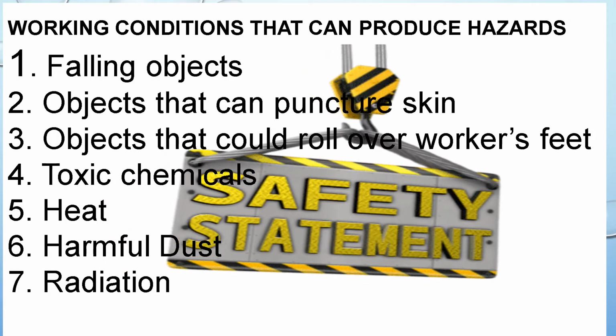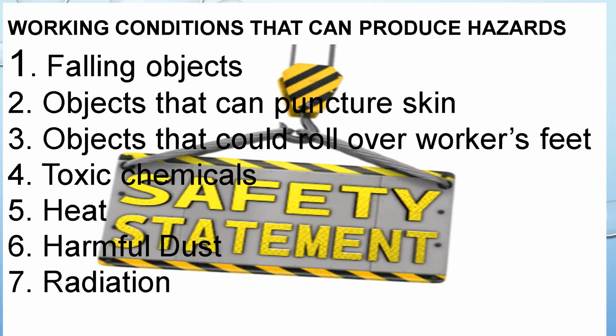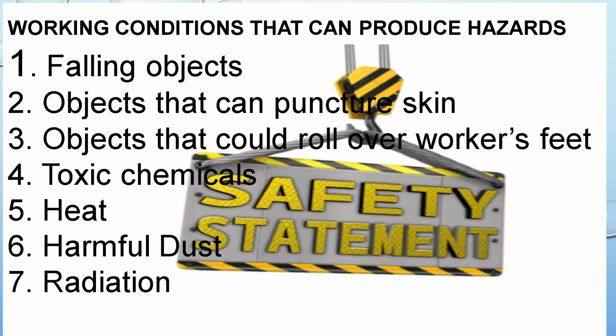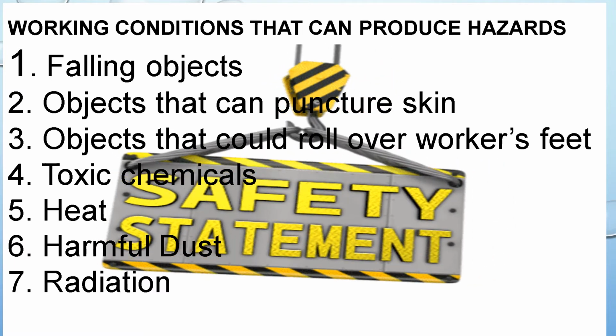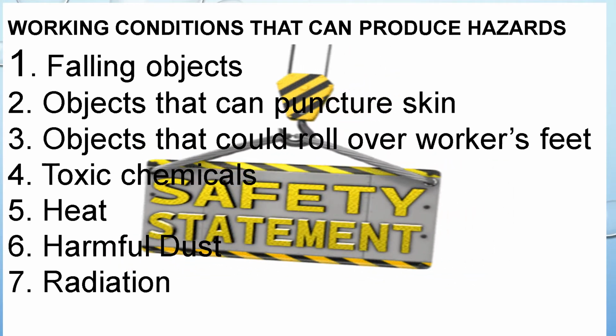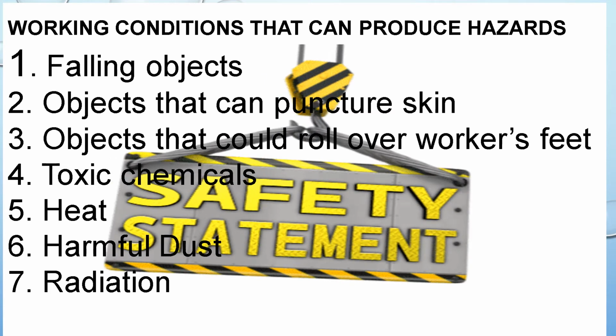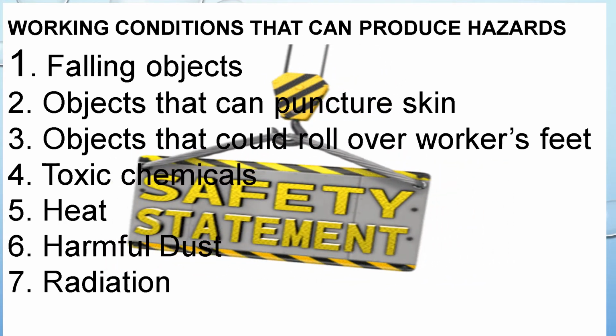Okay, these are the 7 working conditions that can produce hazard. So avoid these 7. First, you have the falling object. So be careful of the objects. Second, objects that can puncture skin.